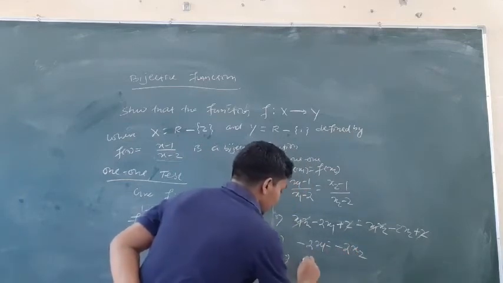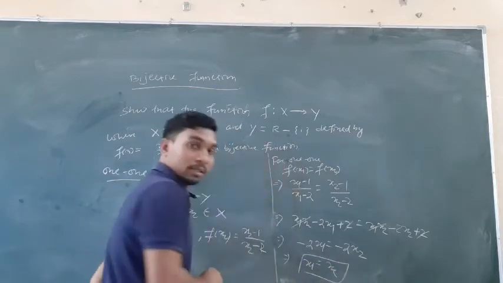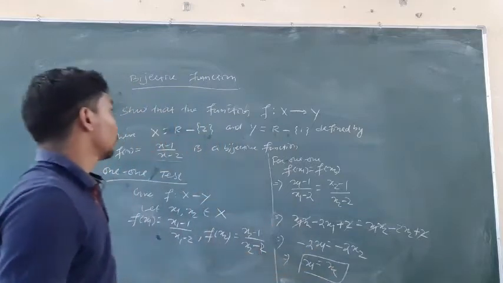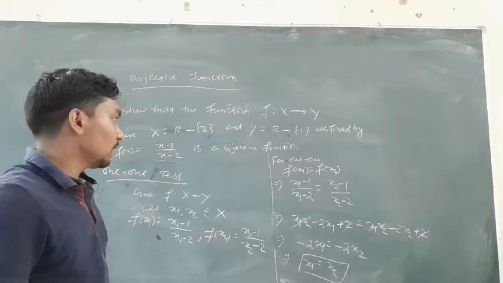That implies x1 is equal to x2. The function satisfies x1 is equal to x2. So the function is one-one. Clear? The function is one-one.